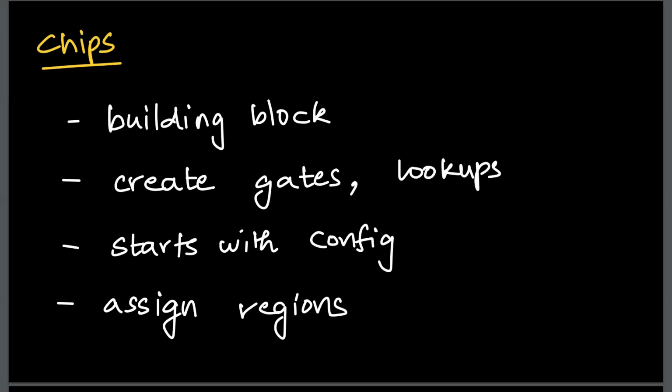Inside a chip, you can create gates, you can define lookups, you can add all the logic you want. And usually there's a chip config where you specify the inputs, the kind of columns the inputs would take, and the rest of the stuff, and where you would assign those values in regions.